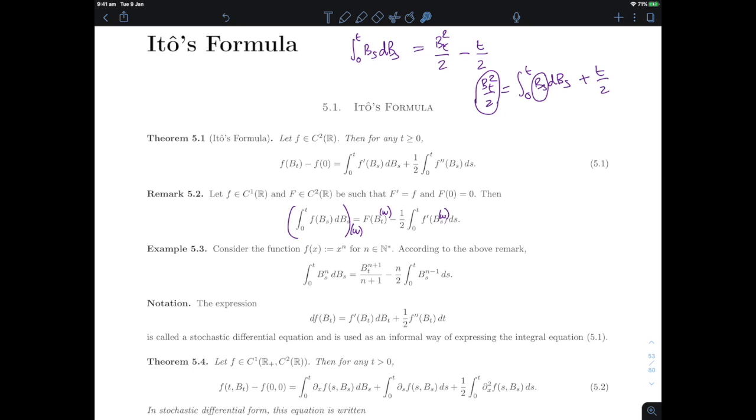The way one writes the Ito formula, generally speaking, is as the variation df of bt is f prime of bt times the variation of the Brownian plus 1/2 f second of bt times the variation of time. Now, you have to be careful when you write that.